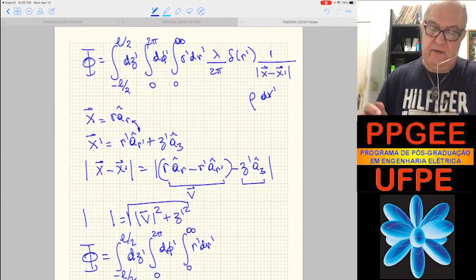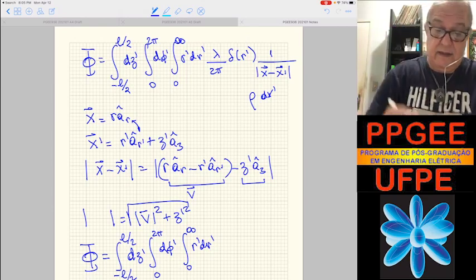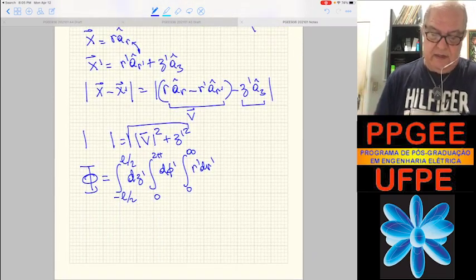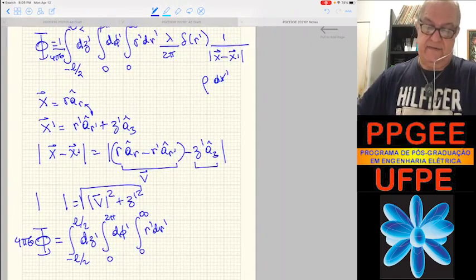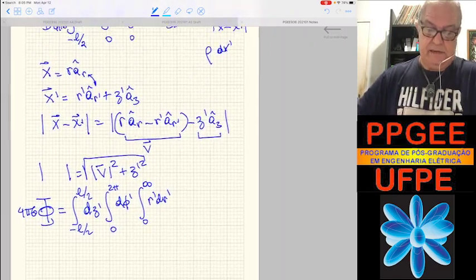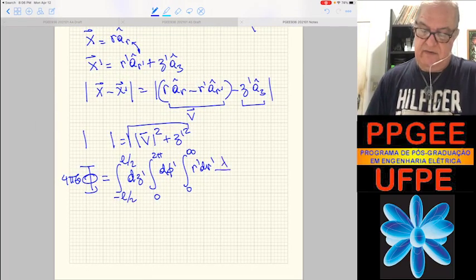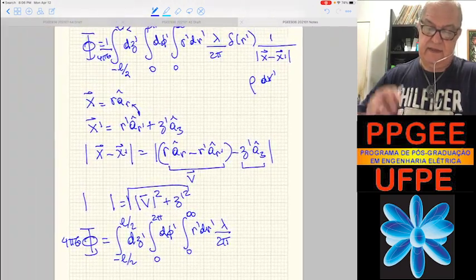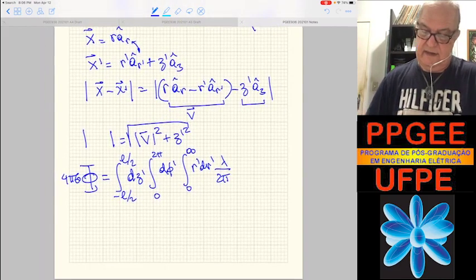I forgot the 1 over 4 pi epsilon 0 somewhere, so let me put it here: 1 over 4 pi epsilon 0. You're going to have lambda over 2 pi. Then I think I'm missing some r prime here, I didn't put that.